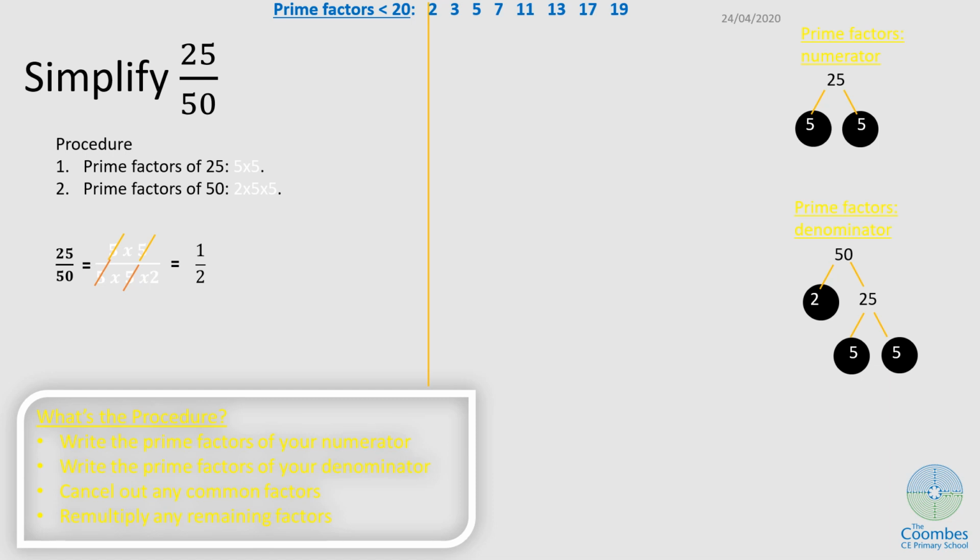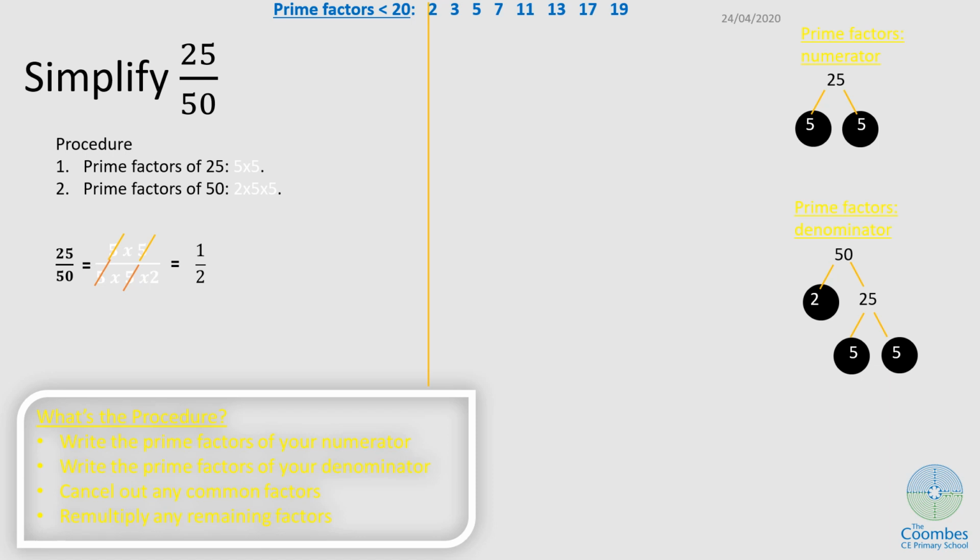So the prime factors of 50 are actually 2 times 5 times 5. It doesn't matter which order you multiply them. I can write 5 times 5 times 2. Let me write them next to the 50 here. So the prime factors of 50 are 2 times 5 times 5.